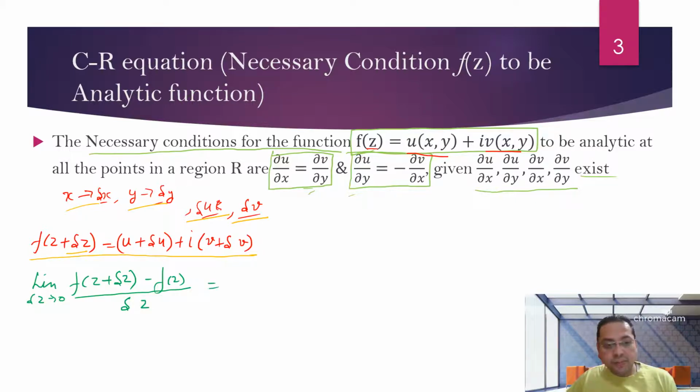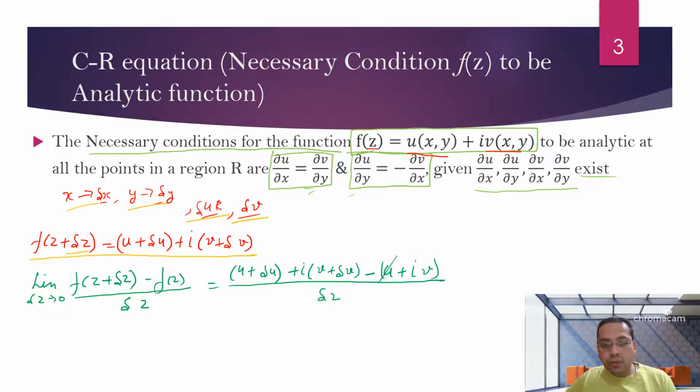That means f(z plus delta z) minus f(z) is equal to u plus delta u plus iota times v plus delta v, minus u plus iota v, all over delta z.